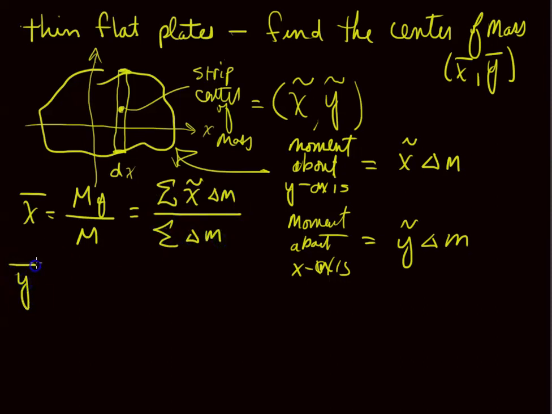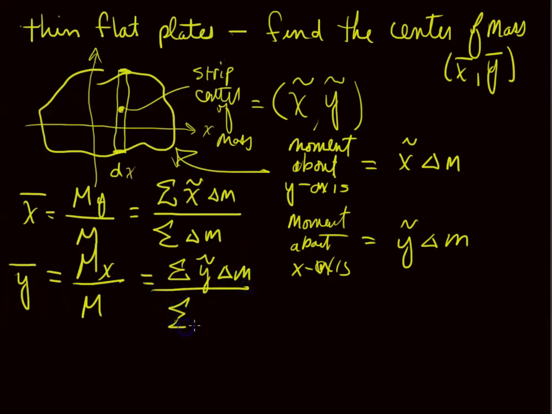The center of mass for the y coordinate, y bar, is the moment about the x over the total mass: the summation of y tilde delta m over the summation of delta m.